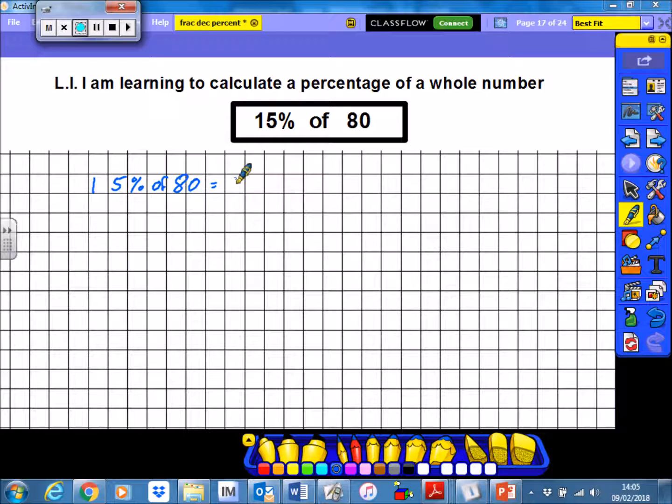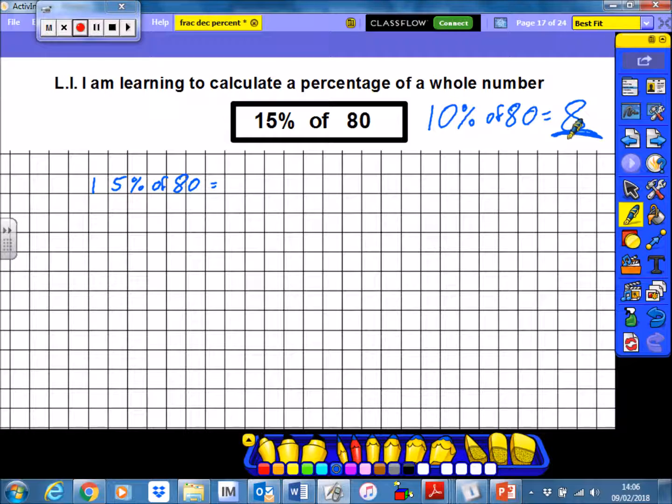Before I do anything else, I'm going to use 10% as my gateway percentage. So up here, I'm going to create a note of what 10% of 80 is. So 10% of 80 is 8. Okay, so that's my gateway percentage. I know that 10% of 80 is 8. But I'm being asked what 15% is.